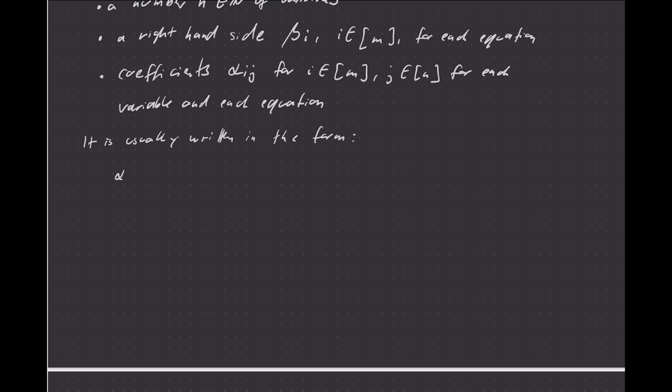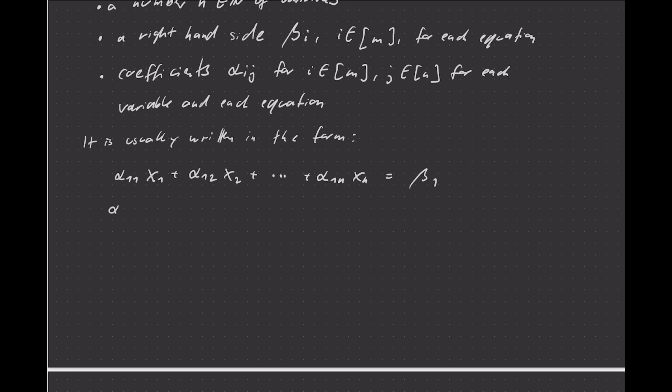So what we have is alpha 1,1 is the coefficient for x1 in equation 1. Alpha 1,2 is the coefficient for x2 in equation 1, and so on, up to alpha 1,n xn. The right-hand side here is beta 1.